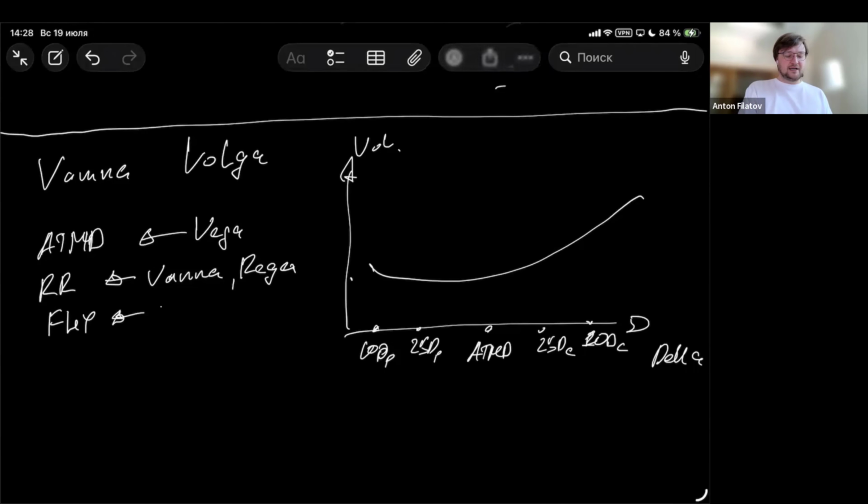Fly is used to hedge your Volga position or your Sega. You can guess that Sega is a derivative of your option price to Fly, hence the Fly is used to hedge it. And Volga is basically the derivative of price by volatility 2 times, so the second derivative of price by volatility.